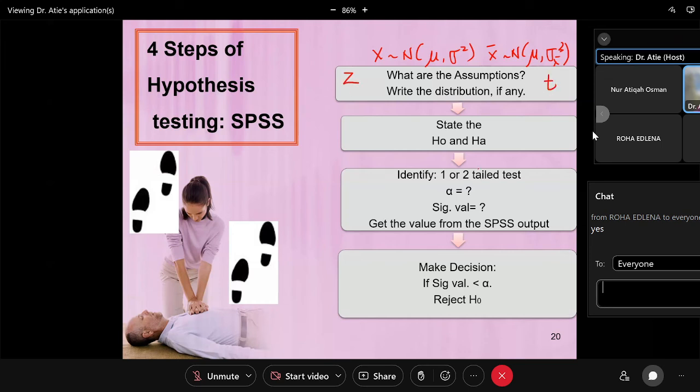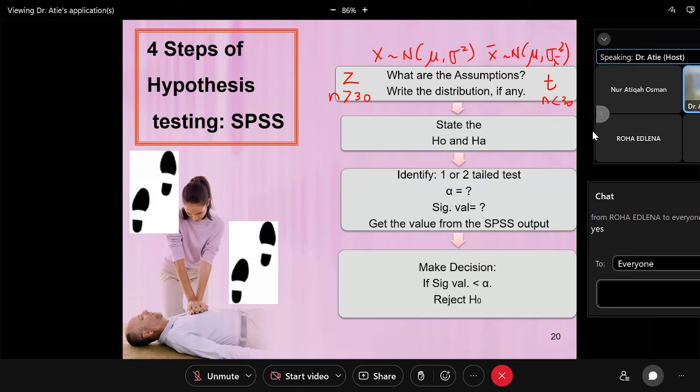So how can you identify whether you need to use Z or T? By looking at the n. If n is greater than 30, you know the analysis needs to use Z. If n is less than 30, then you need to use the t-test.